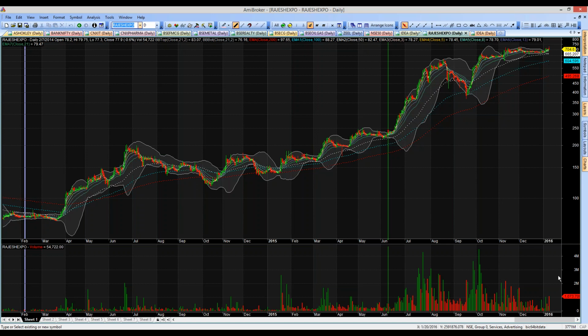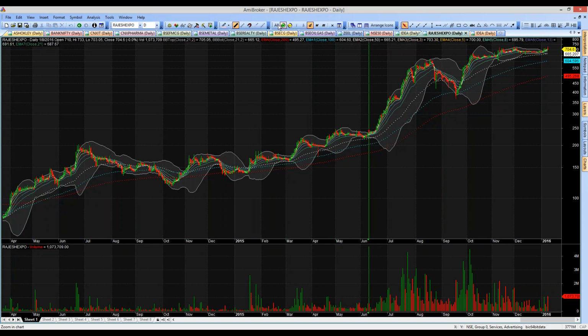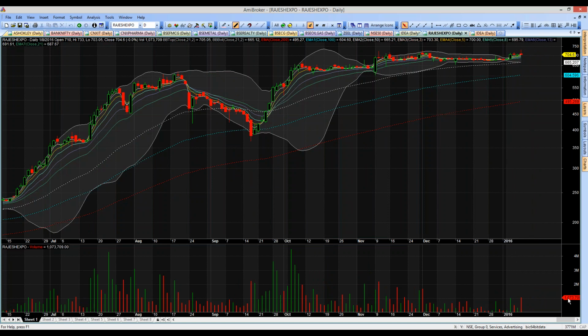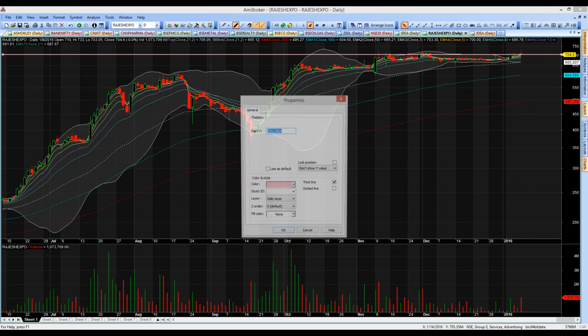At this point, it looks like the top is a little tired. You can clearly see that volume has come down considerably. 700 is probably where the stock's resistance level is right now.